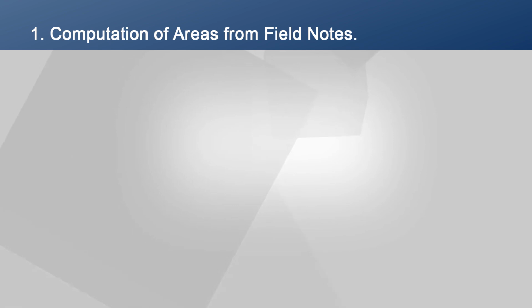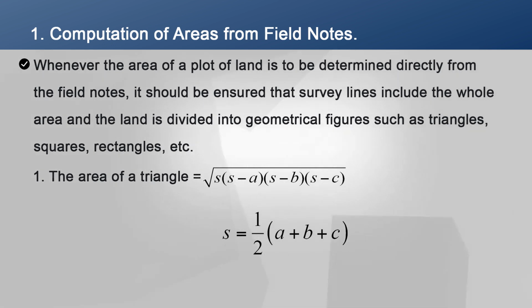So how can area be determined from the field notes? When any surveying work is done, field notes are a very essential part of the surveying work which is prepared. So whenever the area of the plot of land is determined directly from the field notes, it should be ensured that the survey lines include the whole area.